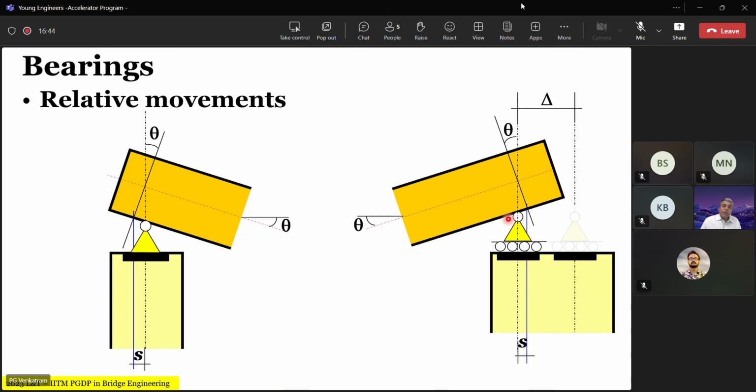Okay. Now, as you can see in the case of a pinned joint, you have a bearing with relative motion. Now, I have introduced this sketch now for the first time to you.